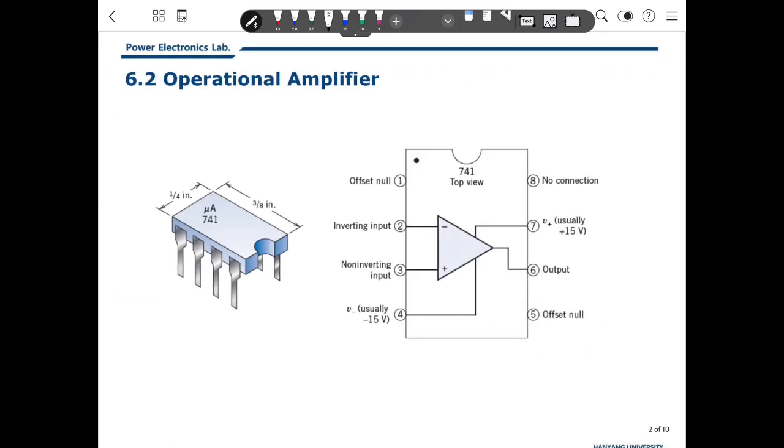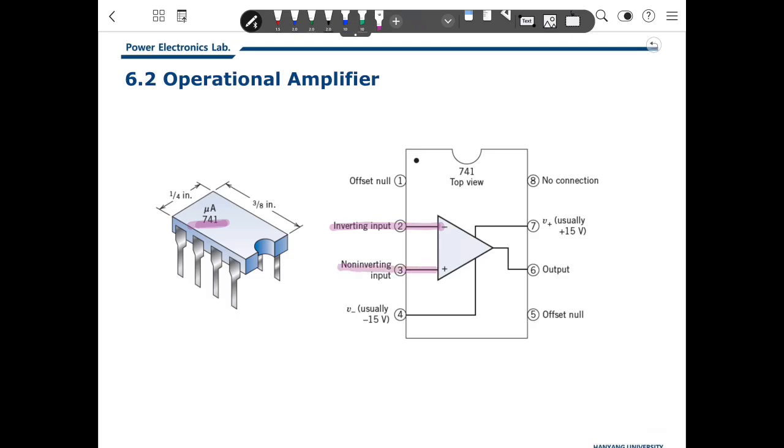This is a very popular general operational amplifier. Number is Ch07-1. This is the general part number of the IC, the op-amp. Op-amp has 5 pins. We call these the inverting input and non-inverting input.